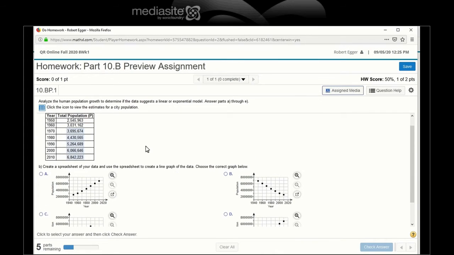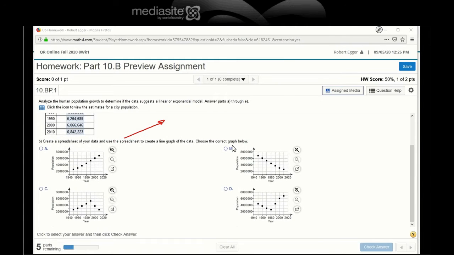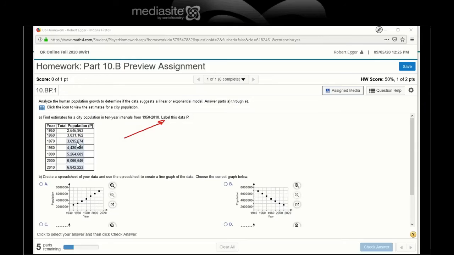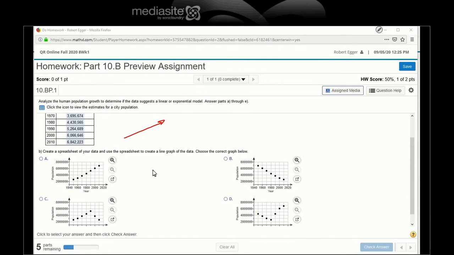Now create a spreadsheet with this data. I don't think so, Tim. Well, what do we know about this? I know it starts low, and it is consistently increasing. So let's see if we can eliminate some. It's always going up, which means I immediately eliminate this one and this one, because they show population going up and going down as years progress.